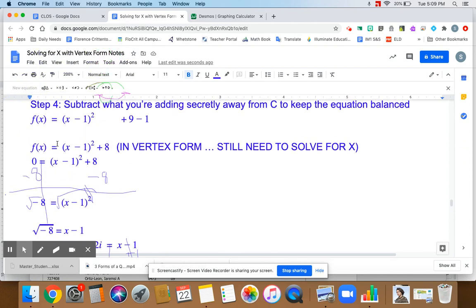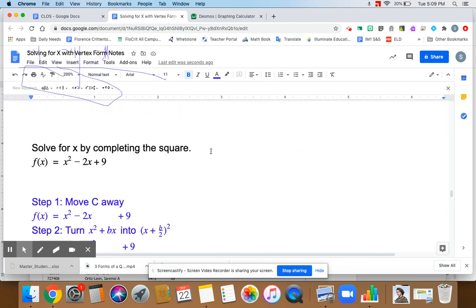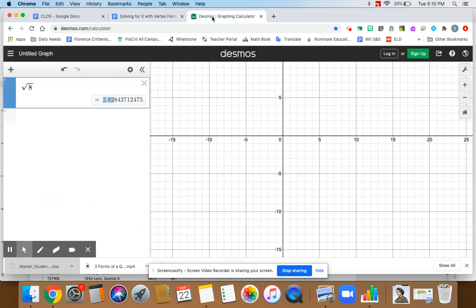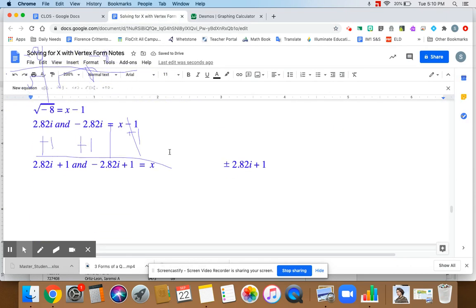Remember, if they said at the beginning to leave your answer in radical form, then we wouldn't have put the square root of 8 in the calculator.